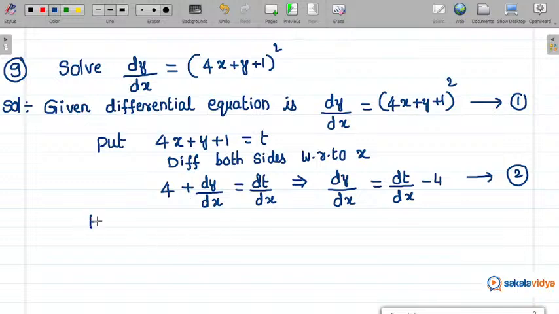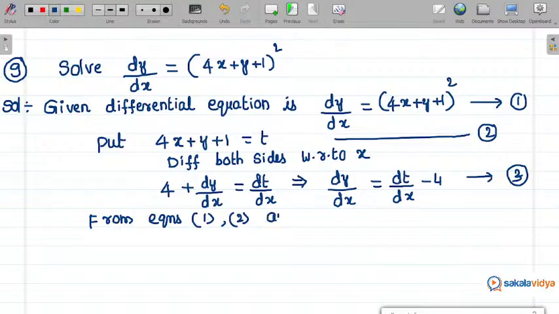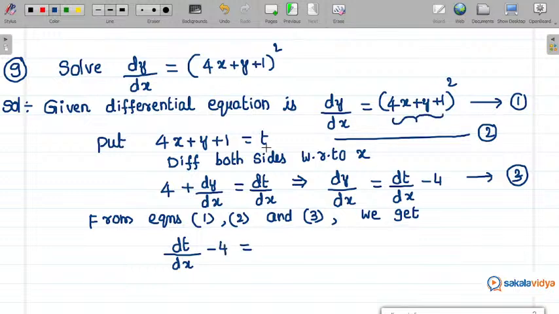So, from equations 1, 2 and 3, we get: in the place of dy by dx, we can write dt by dx minus 4, equals, in the place of 4x plus y plus 1, t has been replaced. If you put t, you get t square.